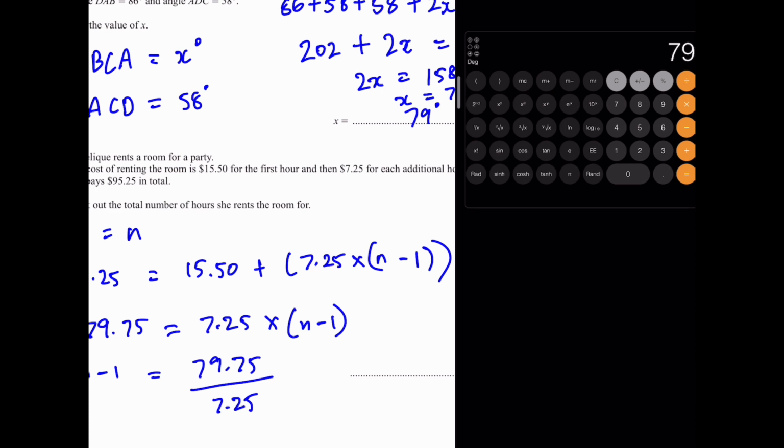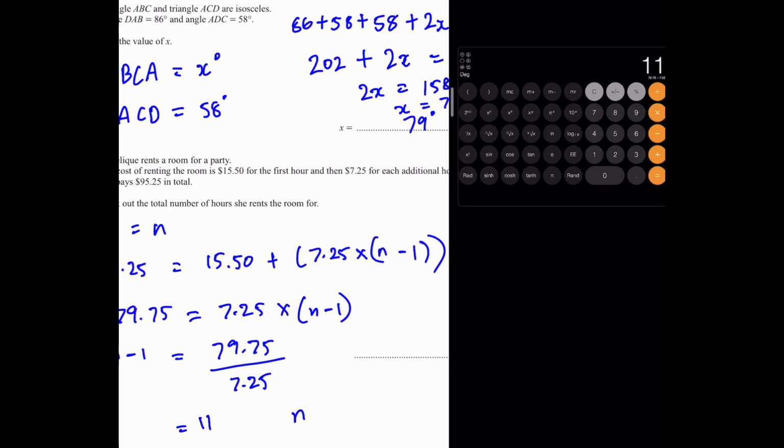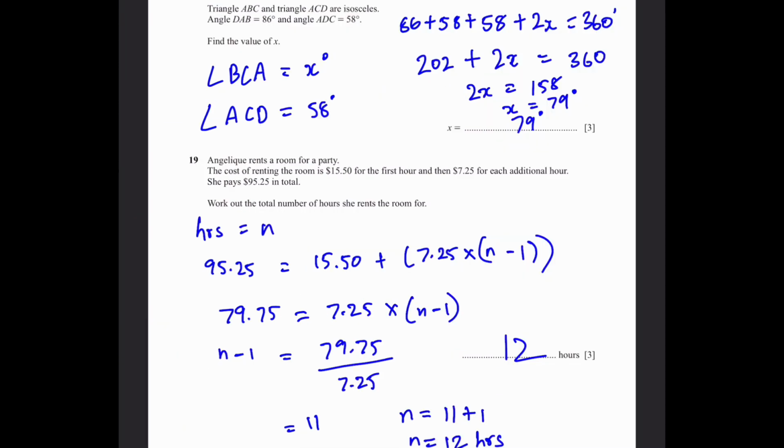Alright, 79.75 divided by 7.25, which is equal to 11. n equals 11 plus 1, since n minus 1 is equal to 11. And so n equals 12. And that's why they rented the room for 12 hours. That's the answer.